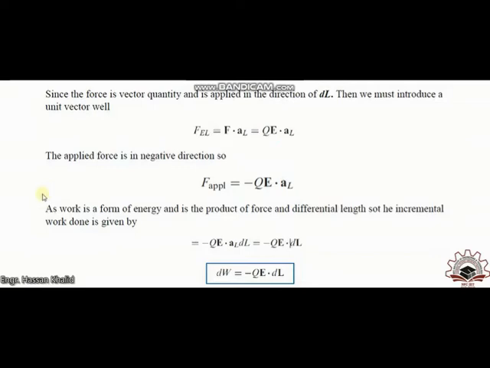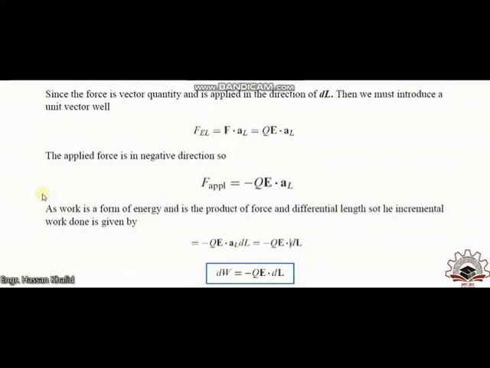So what will be the work, which is a form of energy? By definition, as I told you, work is equal to the product of the applied force and the distance covered by the object experiencing that force.